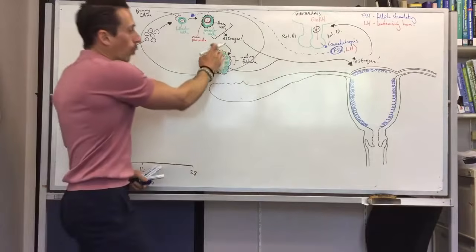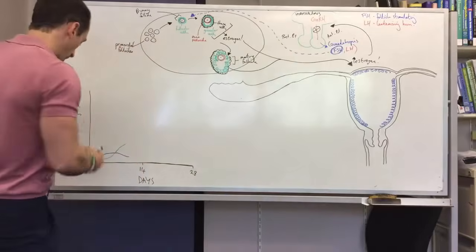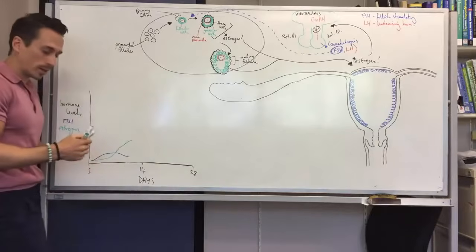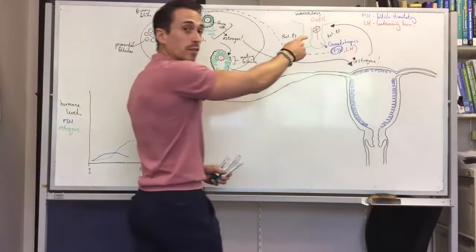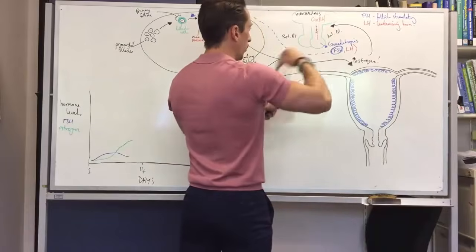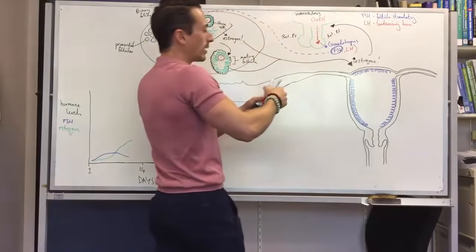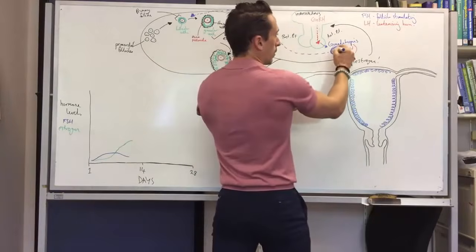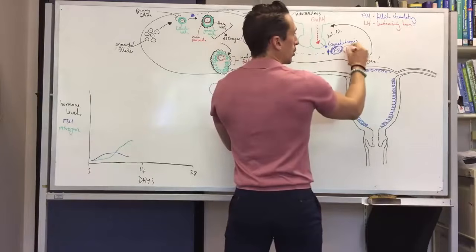However, once these mature follicles start to produce more and more estrogen, what happens is the estrogen levels get so high that it hits a point in which, for some reason we don't know why, instead of negatively feeding back, it positively feeds back. And so what do you think happens? Well, we get a surge in the production of both follicle stimulating hormone and especially luteinizing hormone.